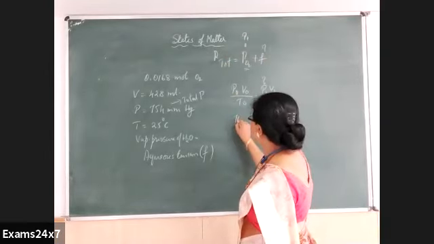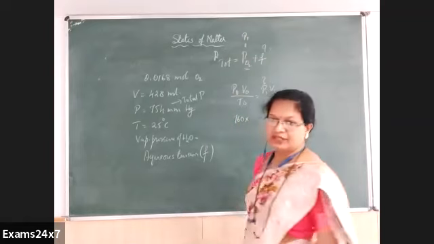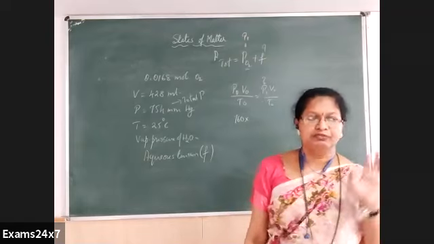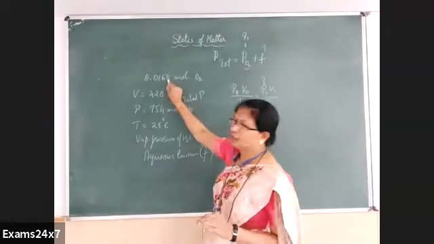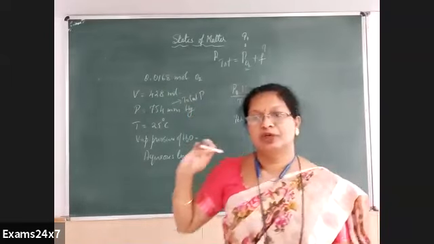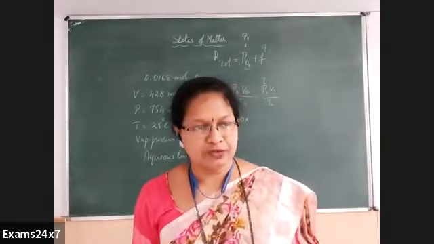P0, 760. V0, how much is V0? 22,400. That is for 1 mole. But remember, they have given number of moles here. So 0.0168 mole, how much? The volume into 22,400, right?